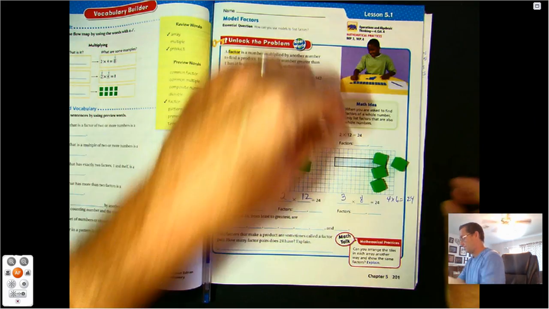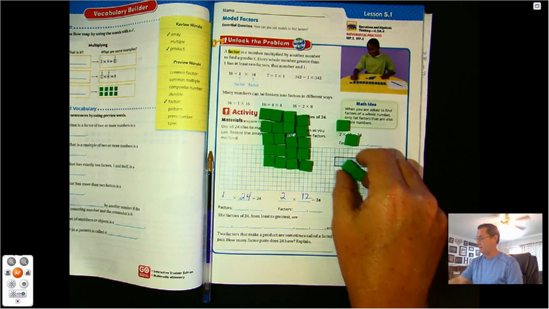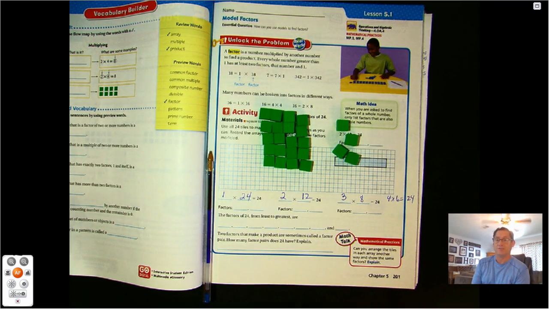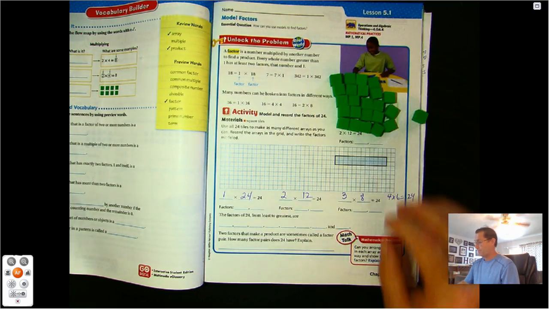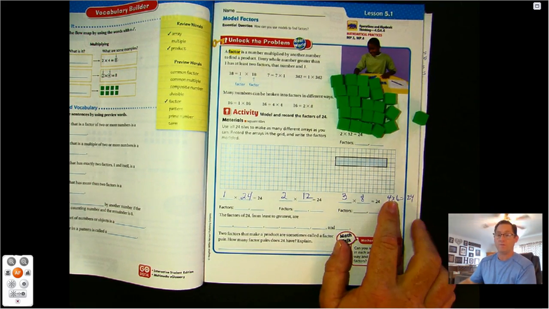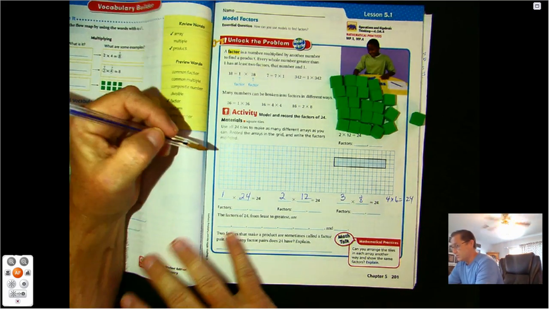And then you notice we only have 4 left. I can't make another row of 5. So 5 is not a factor of 24. And then we start repeating over. We have 6 and we have 8. So on. So use all the tiles to make as many different arrays as you can.